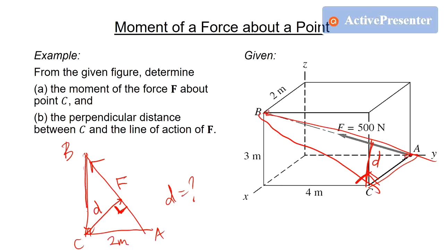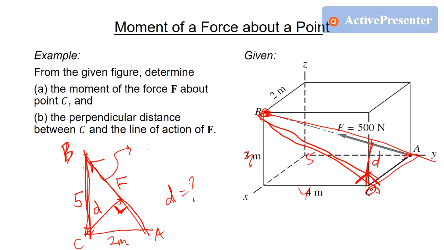This one right here is, which is this one. This is a 3, 4, 5 triangle. So this one right here is 5 from point B to point C. So if you want to get D, you can solve it geometrically using this triangle, because you can also get this distance right here.